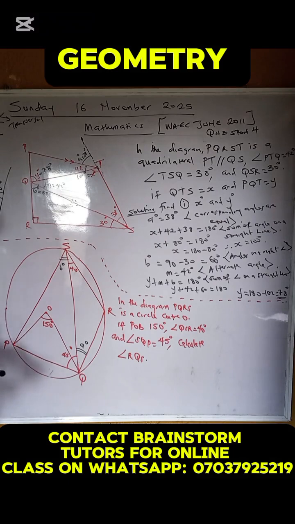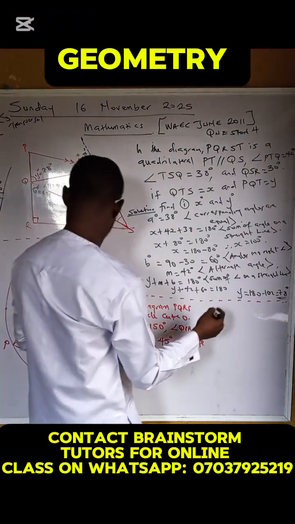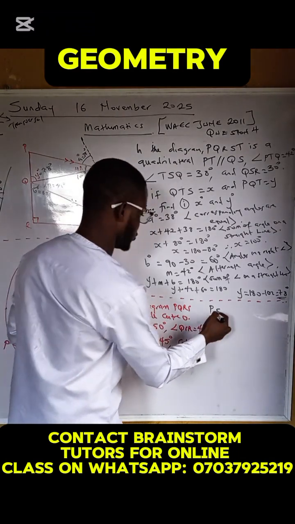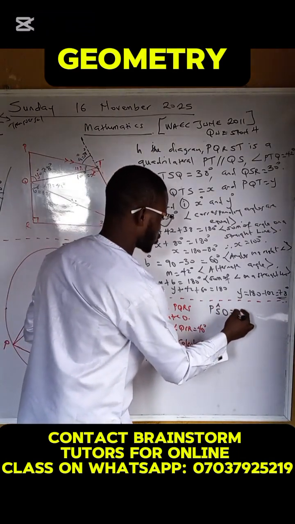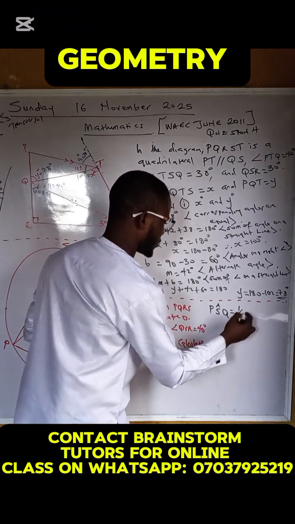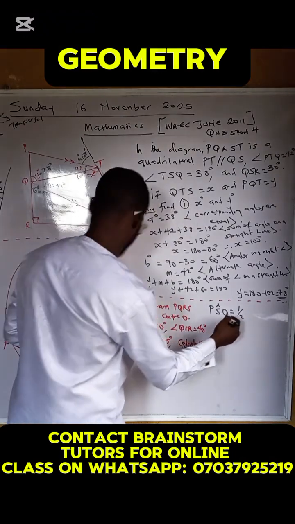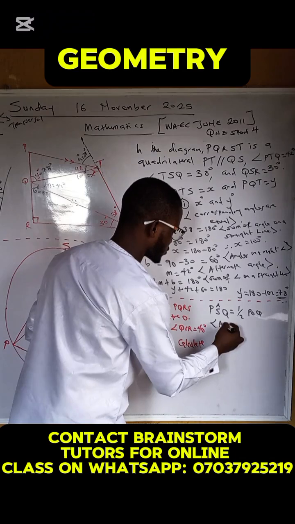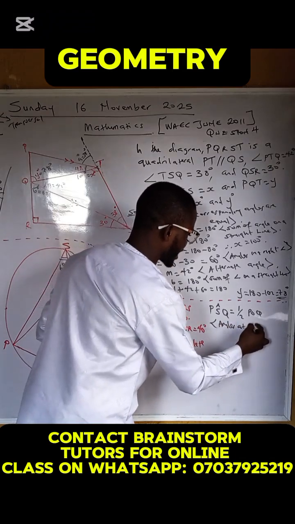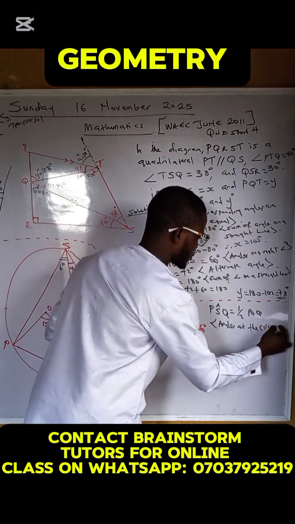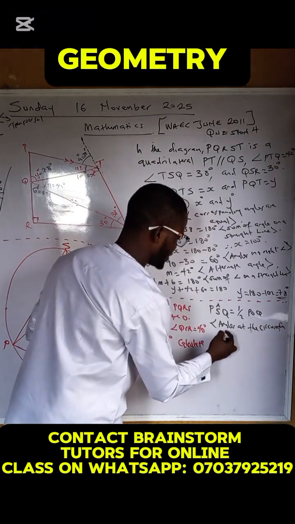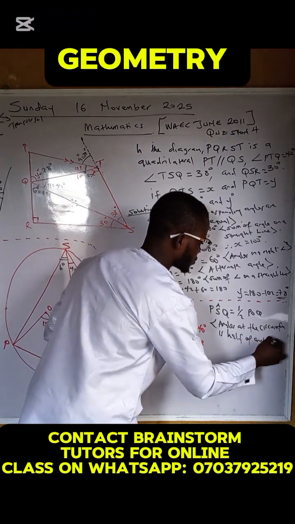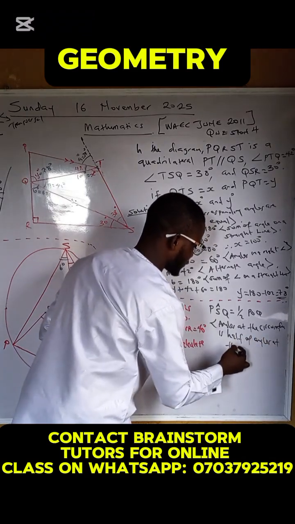Now here, I already know that my angle PSQ is equal to half of angle POQ. What's the reason? Just say that the angle at the circumference is half of the angle at the center.